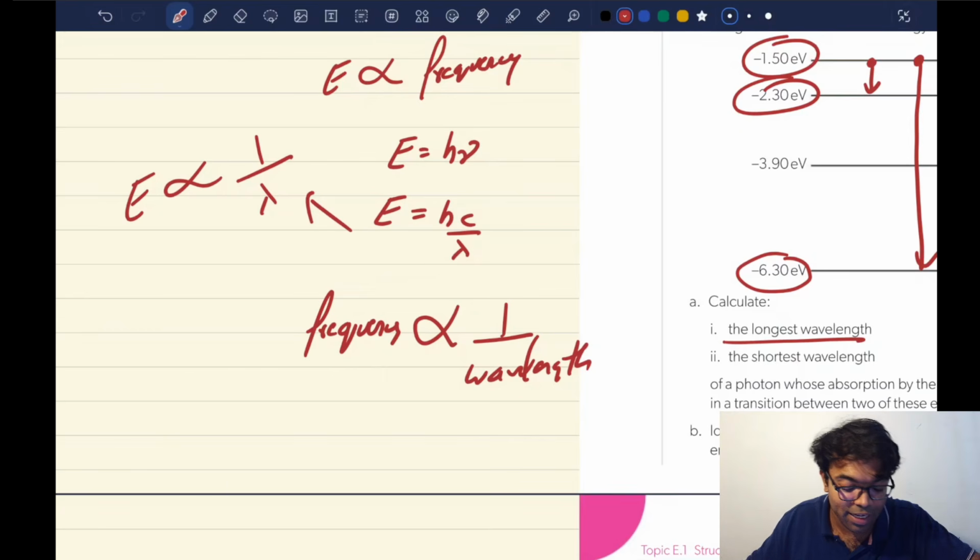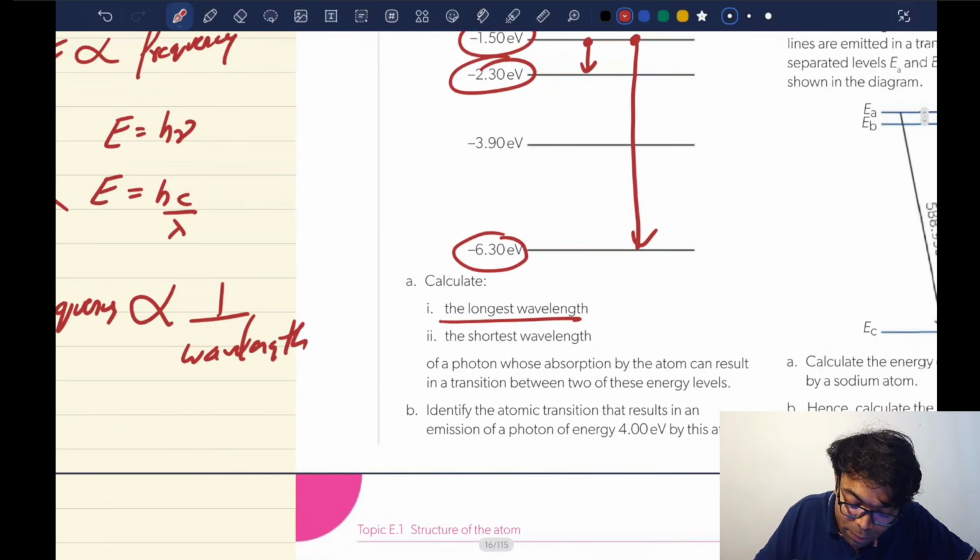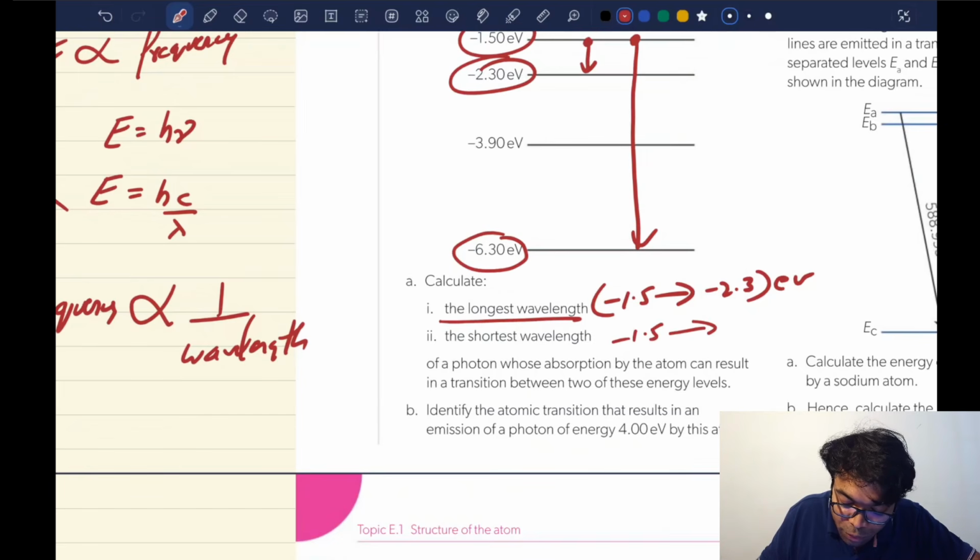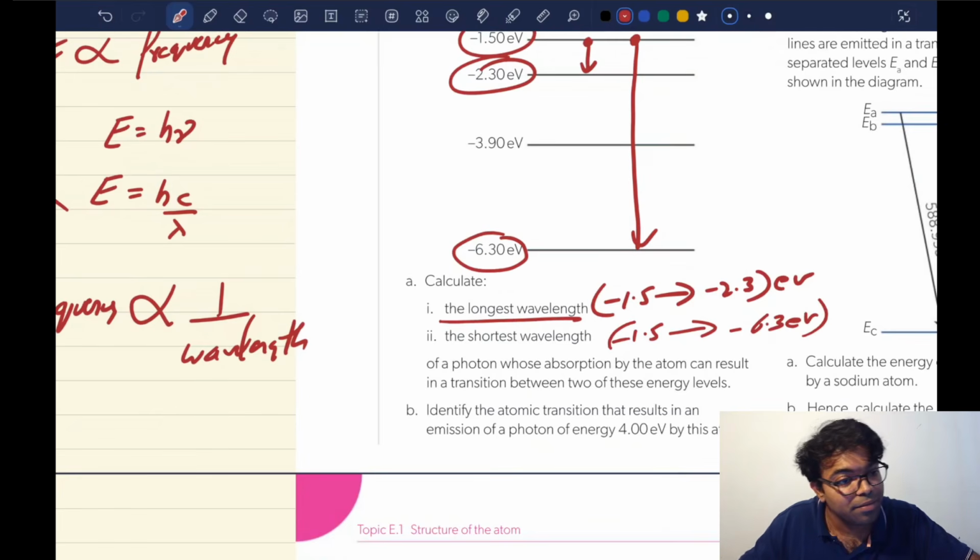Correct? So the longest wavelength will be from minus 1.5 to minus 2.3 electron volts. And the shortest wavelength will be from minus 1.5 to minus 6.3 electron volts. Correct?